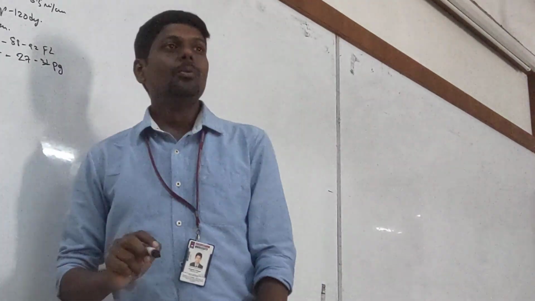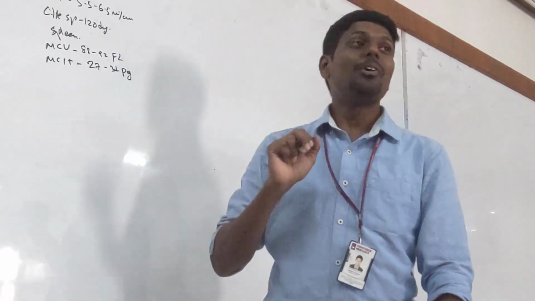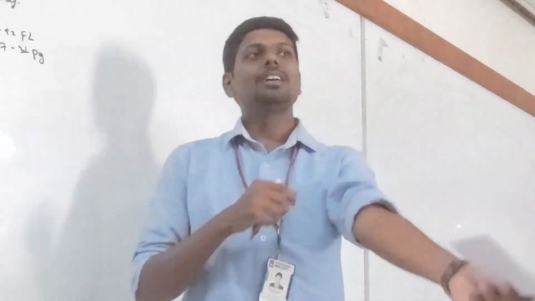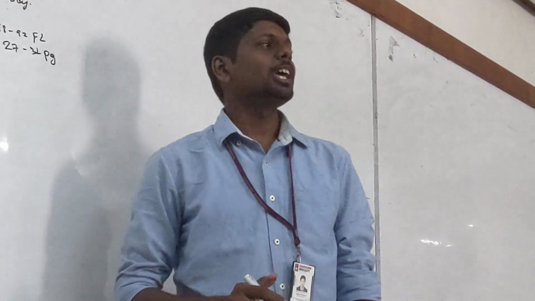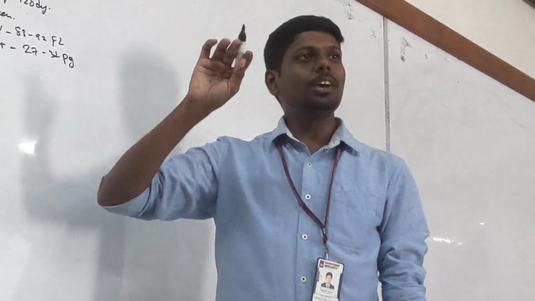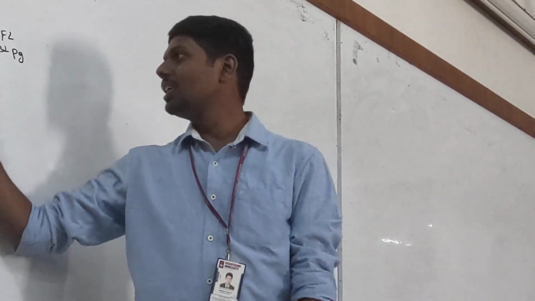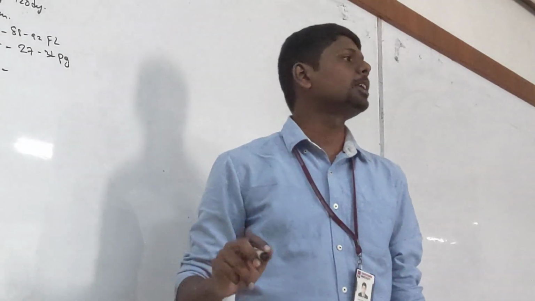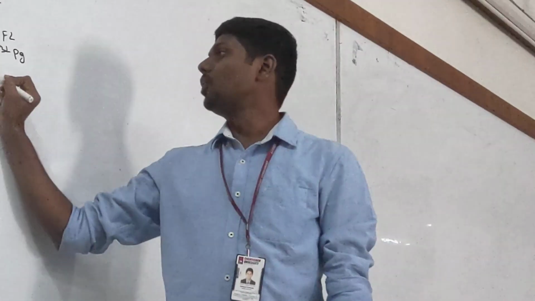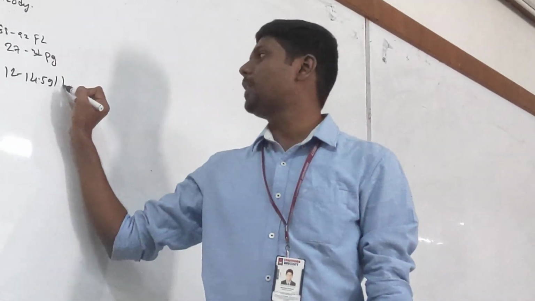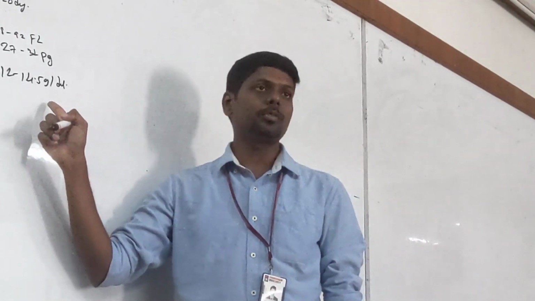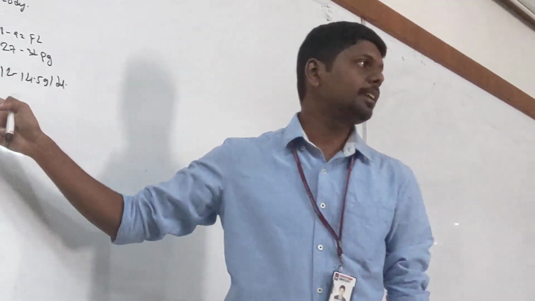Then, what is the normal HB content in blood? For 1 drop of blood, not a single RBC, the normal hemoglobin is 12 to around 14.5 grams per deciliter. Not a single cell, keep in mind.